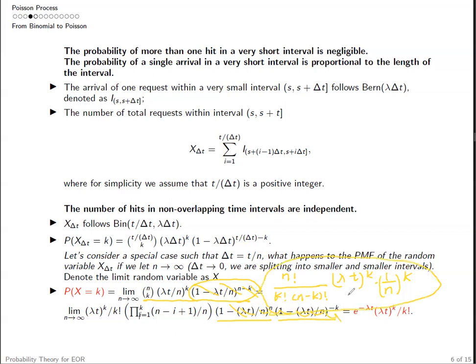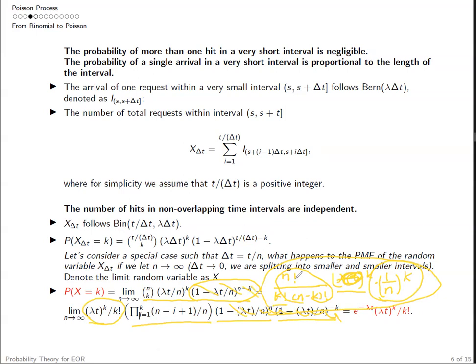Now we group the terms lambda t to the power k and k factorial together. That would be this term. And let's group all the remaining terms. All the remaining three terms will be this product.